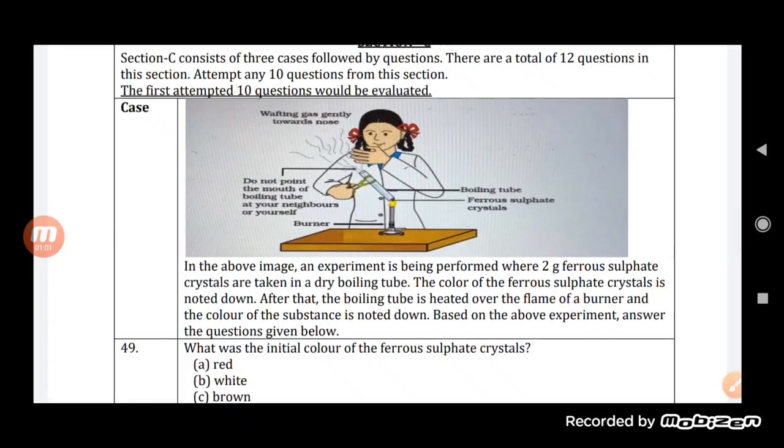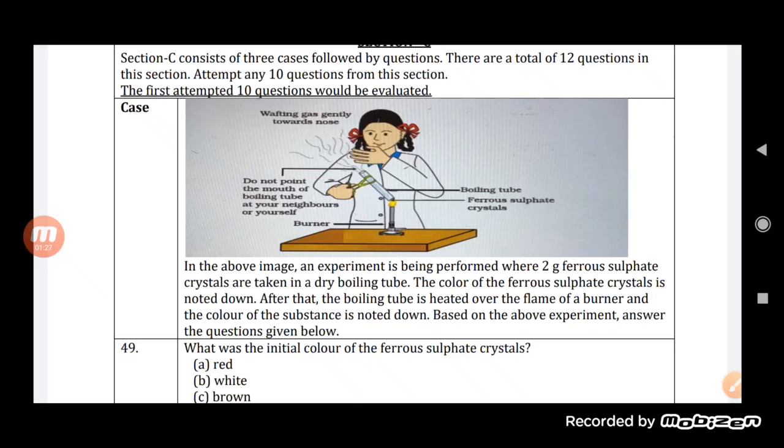In the above image, an experiment is being performed where 2 gram ferrous sulfate crystals are taken in a boiling tube. The color of the ferrous sulfate crystals is noted down, and after that the boiling tube is heated over the flame of a burner, and the color of the substance is also noted down.